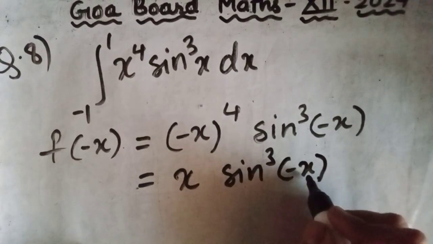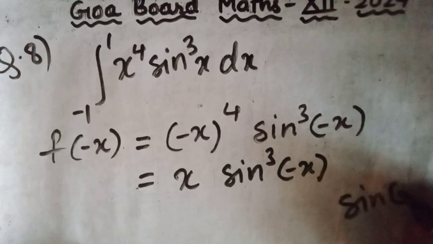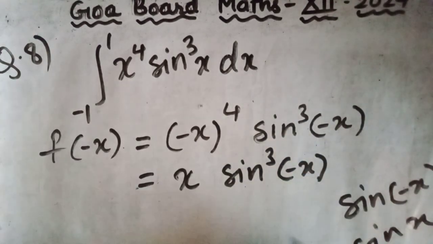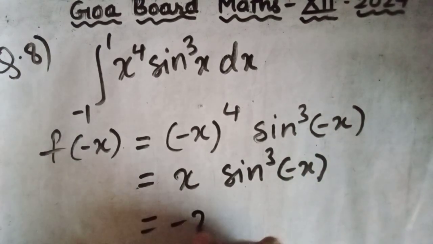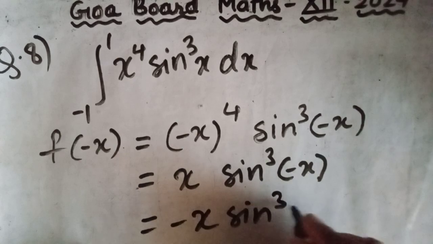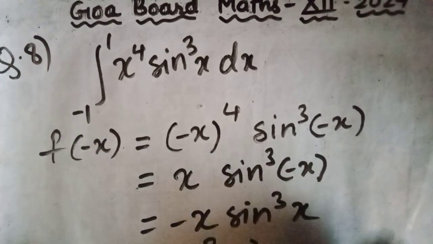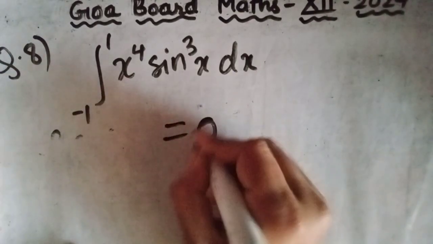That is, sine of minus x, you can write it as minus sine of x, right? So you can take this minus sign outside, so it will be minus x to the 4 sine cube x. Okay, so we get this as an odd function, so you can directly write this as 0. The answer is 0.